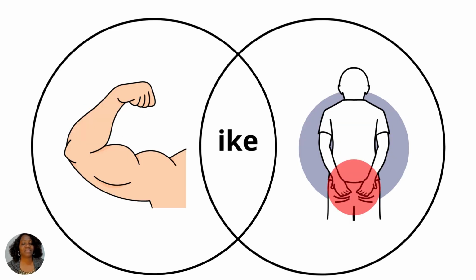And this one you have Ike. That's the spelling in Igbo. It could be Ike, that's strength. Okay. Then you have on the right Ike, that's a part of the body, buttocks. So again, Ike, strength.